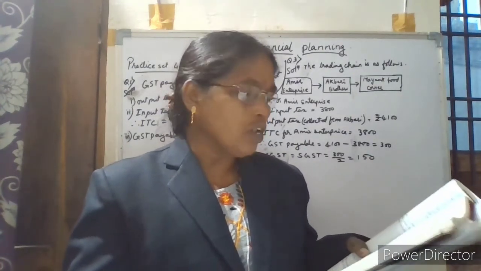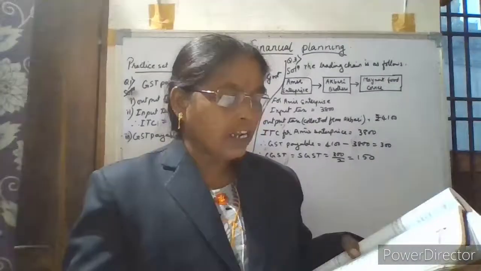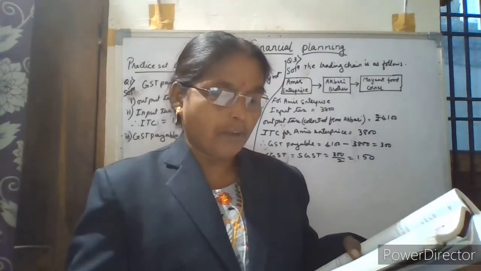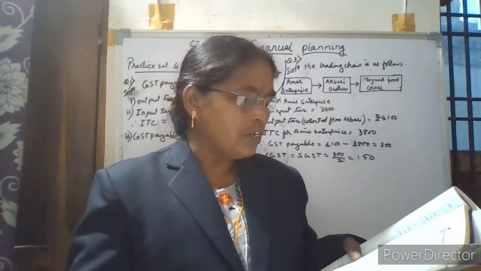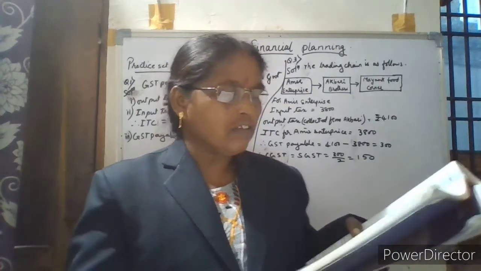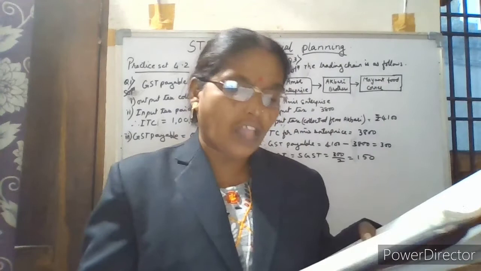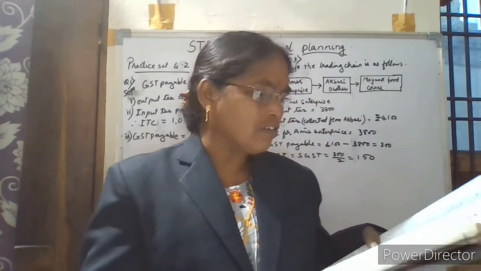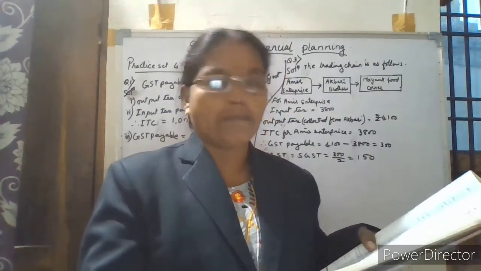So the total tax paid by the trader was indirectly paid by the customer. So GST is a type of indirect tax. In this case, the wholesaler and retailer used their input tax as credit and got back all the GST paid by them.